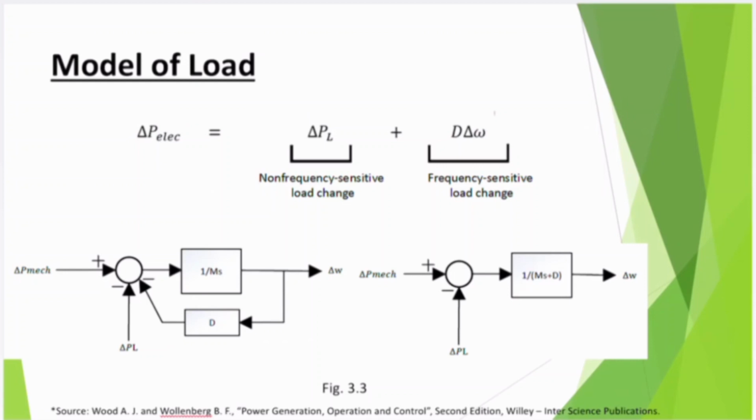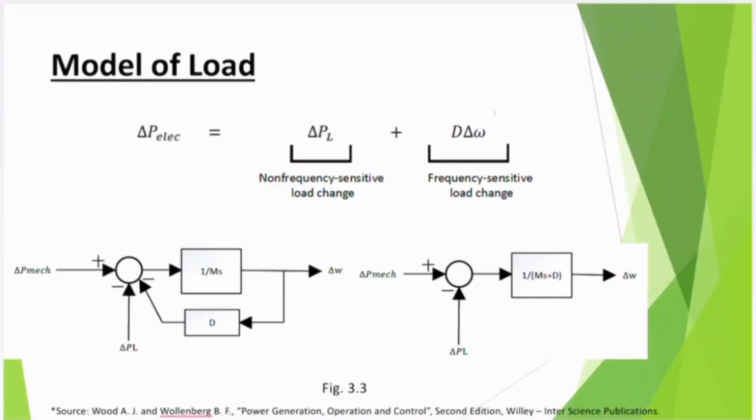Now similarly, we'll try to model the load mathematically. So how do we do that? When you talk about change in load, that is delta P electrical, the change in electrical power, there are two different components that decide the change in power. One component is non-frequency-sensitive load changes.